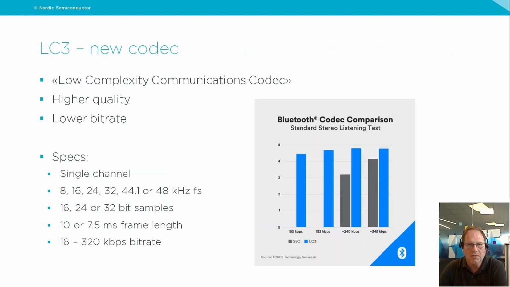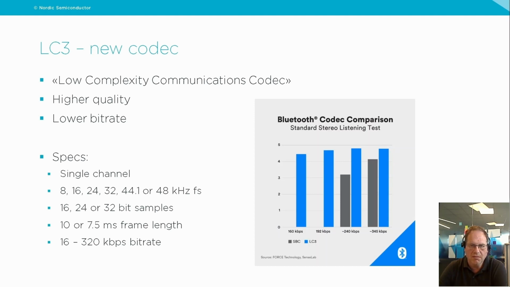LE audio also comes with a new codec, the LC3, the Low Complexity Communications Codec. Compared to the previous codec, the SBC, the LC3 has higher quality and lower bitrate. It's a single-channel codec.